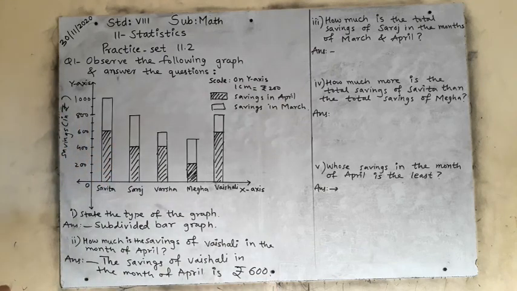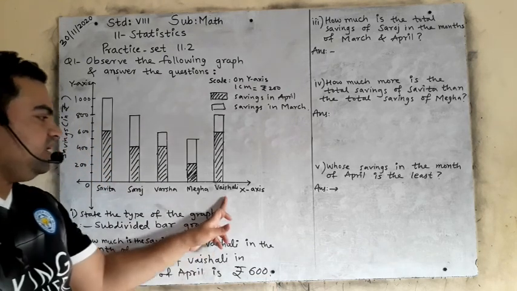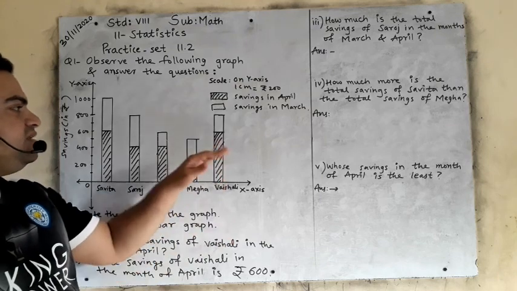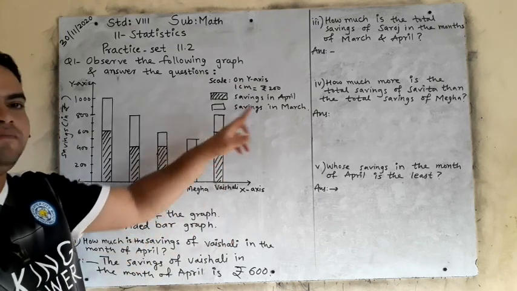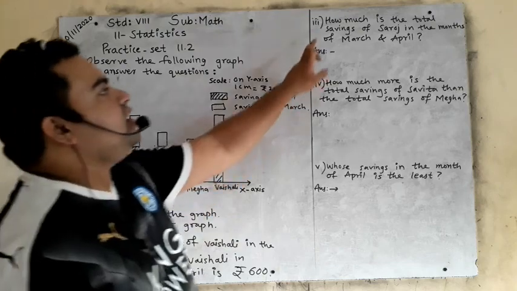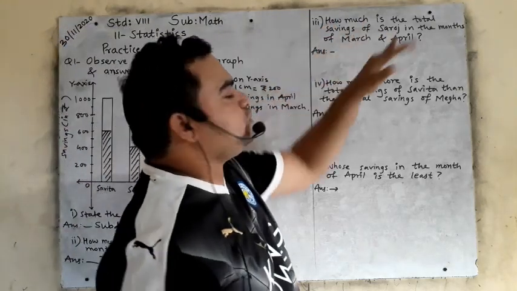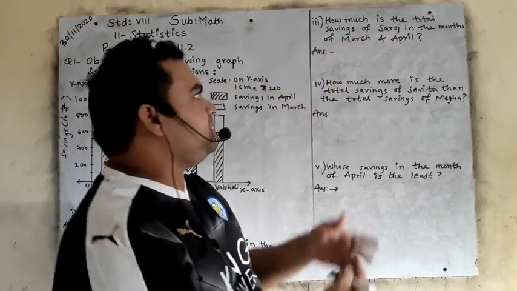I hope you understood, very easy. You have to focus on the given name only, and April means the filled box and the empty box is showing March.